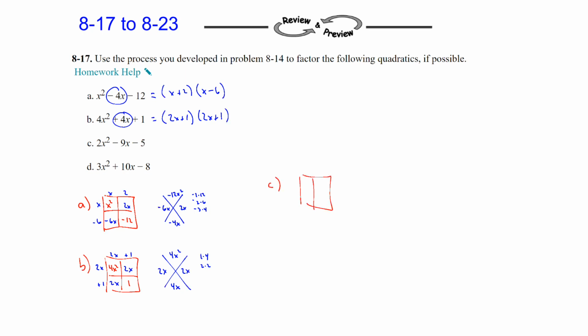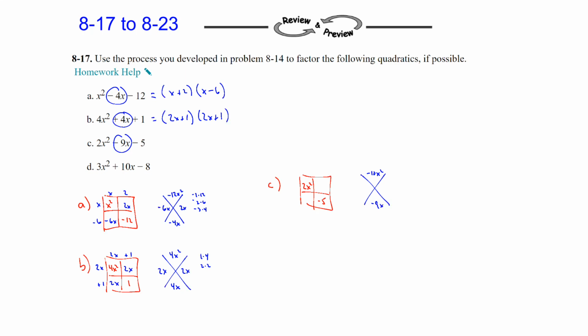2x squared and minus 5. And as we set up our diamond, the product is negative 10x squared, because remember, this product has to be equal to this product, going back to Casey's pattern. And then the middle term is negative 9x.